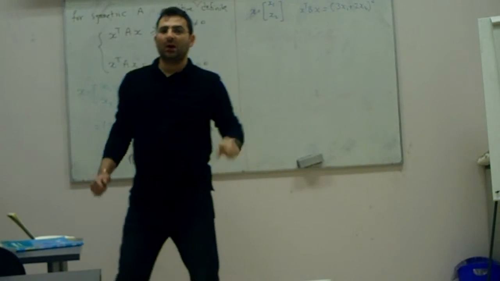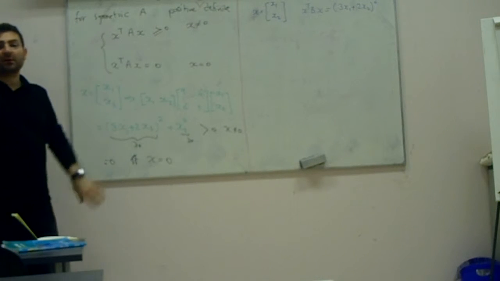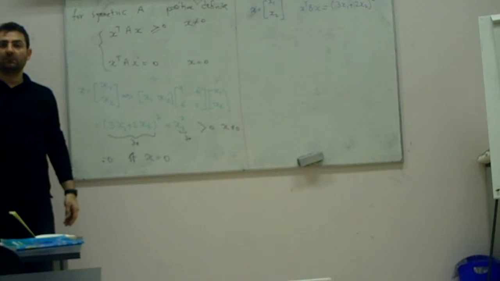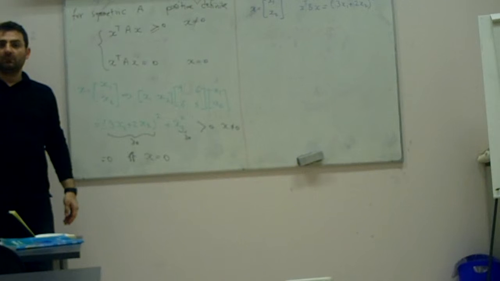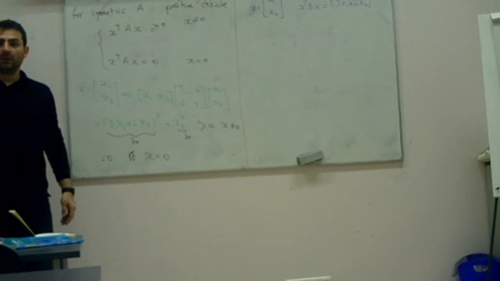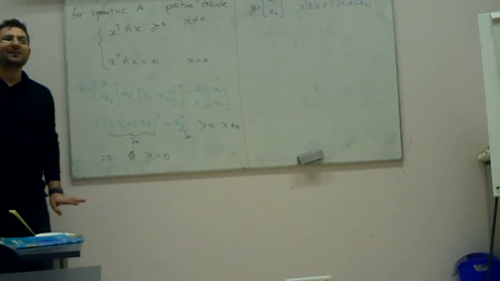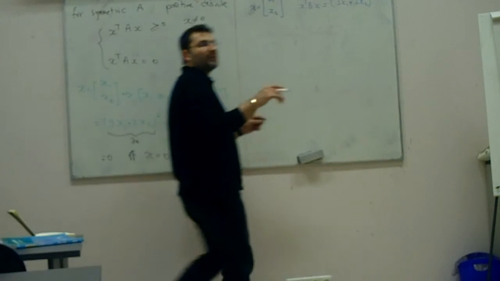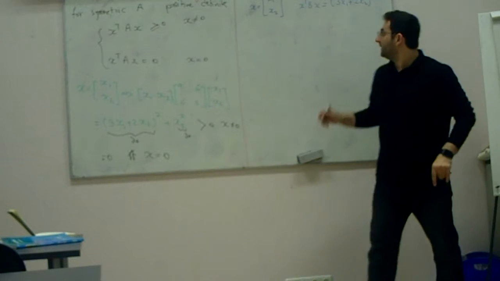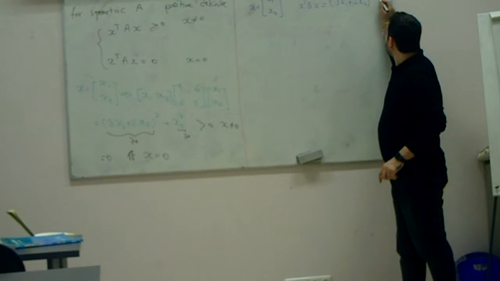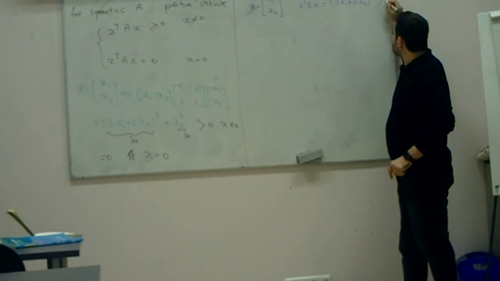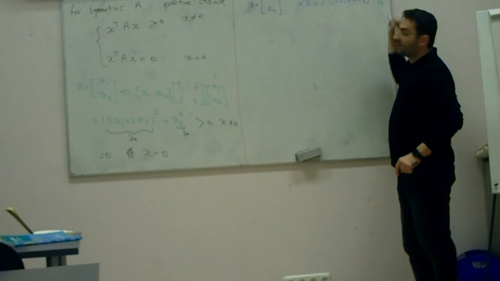Is it always greater than 0? Not always. If it is 0, then it is 0. So is it always greater than or equal to 0? Yes. It is always greater than or equal to 0, so it's always non-negative, no problem. So this is greater than or equal to 0. We have to check about the equality.